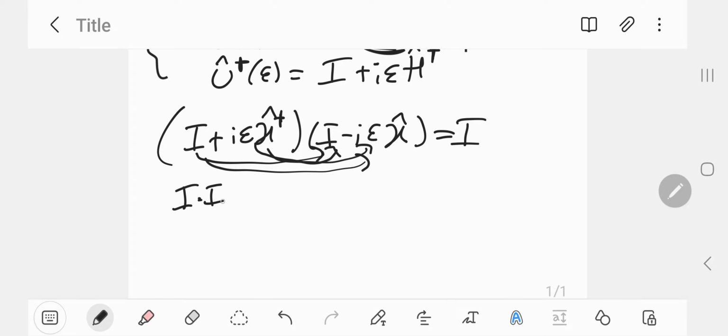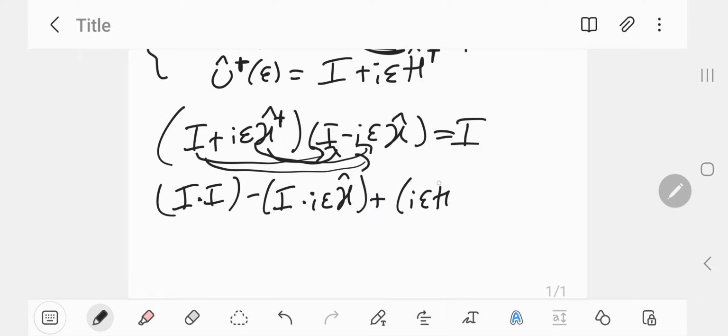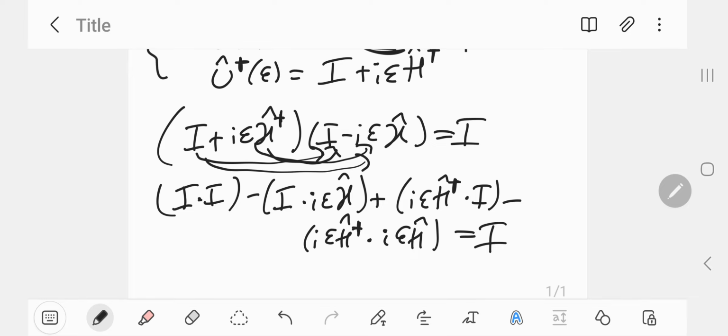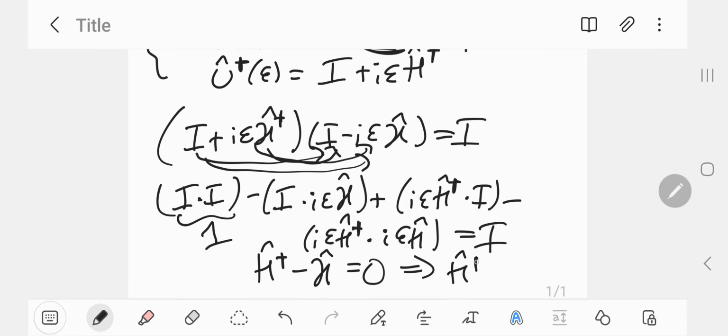So I get I times I minus I times I epsilon H plus this. Very messy, but we can simplify this, right? We can break it down. That's pretty much 1. If you clean that up, you get this. It simplifies to this.